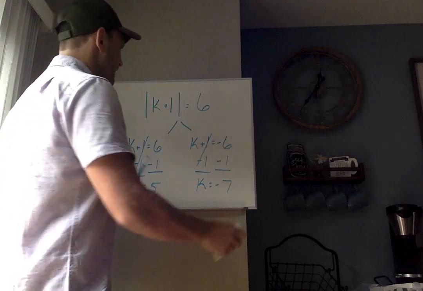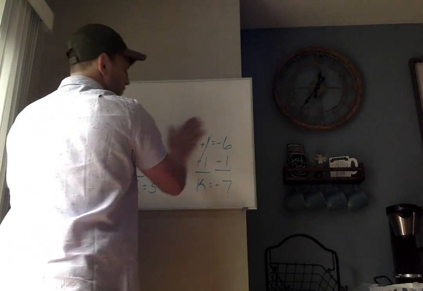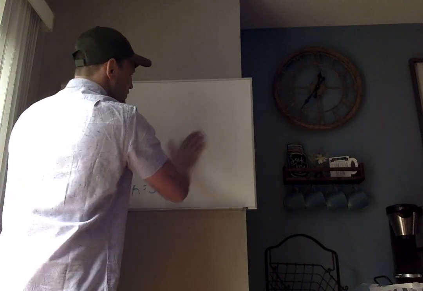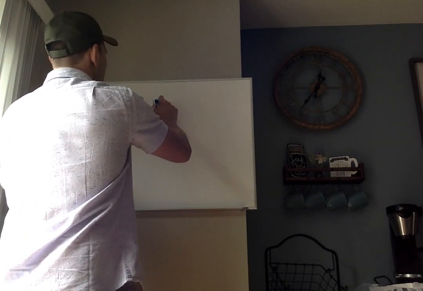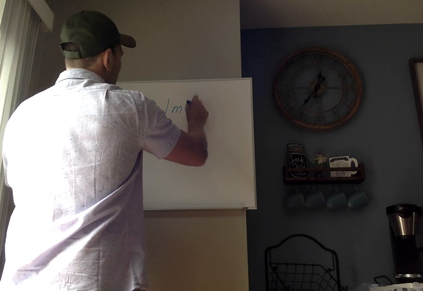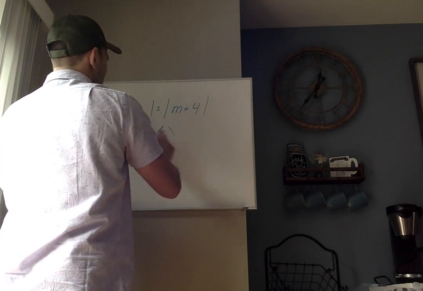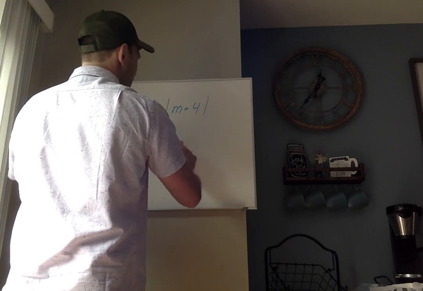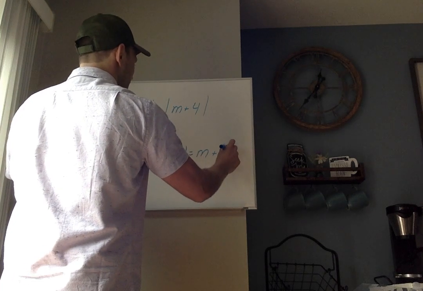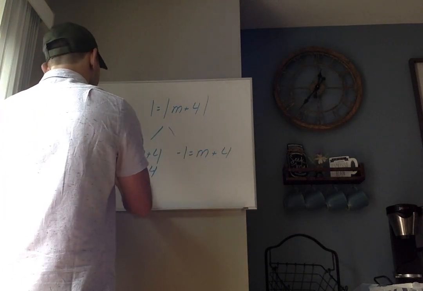Okay, the next problem I have is 1 equals the absolute value of m plus 4. So I have 1 equals m plus 4, and I have negative 1 equals m plus 4. I'm going to subtract 4 from both sides right here.